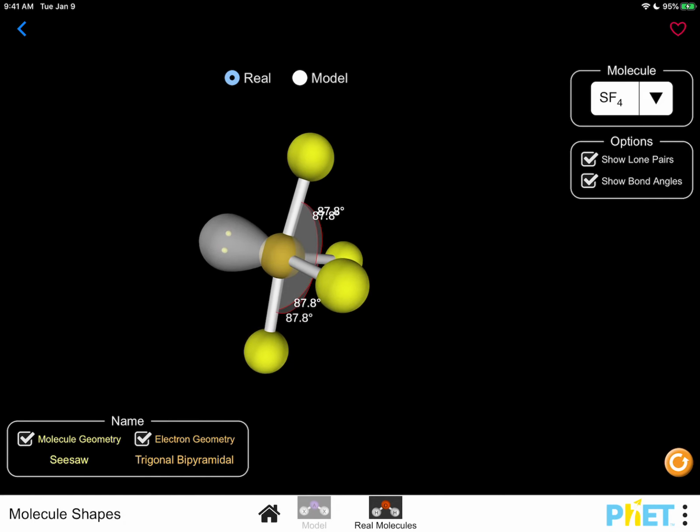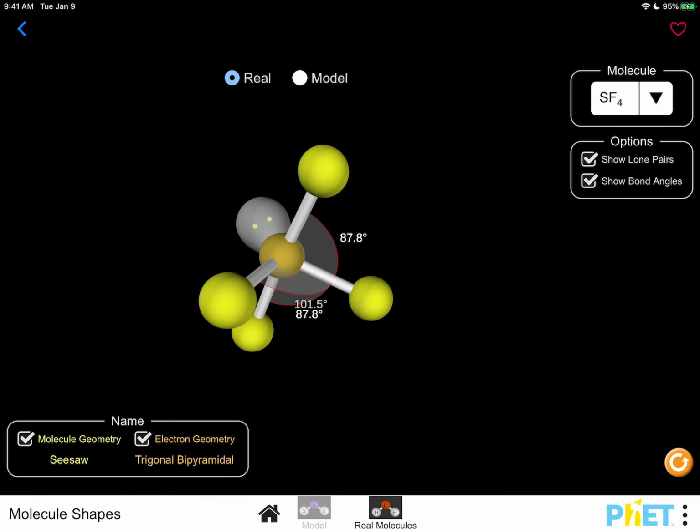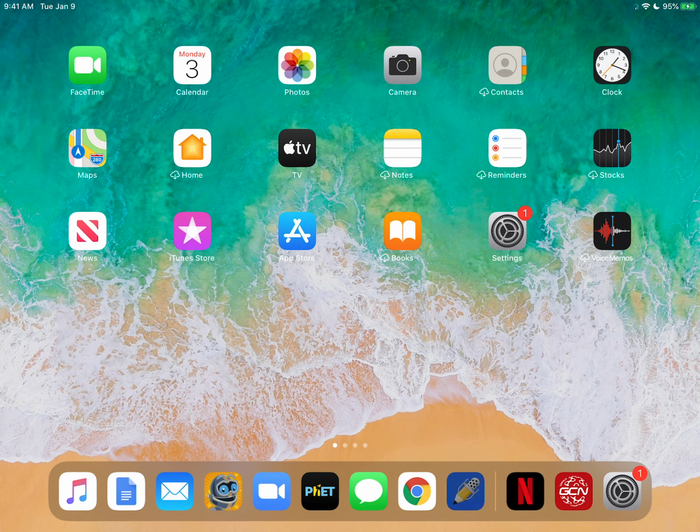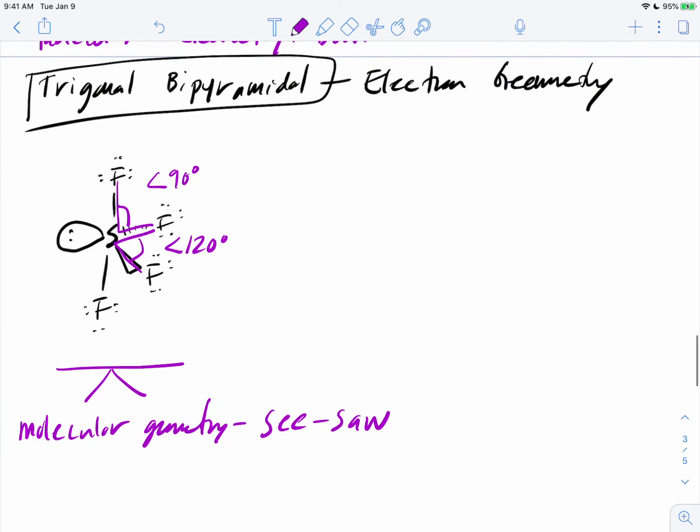Okay, so we can see that we got 87.8, and then this angle right here is 101.6. Actually a pretty big difference from the 120 that we predicted, so a lot lower when you have it in the plane. So all you need to really say, though, is less than 120, and that's perfectly fine. You don't need to memorize those. So that's the molecular geometry of seesaw.